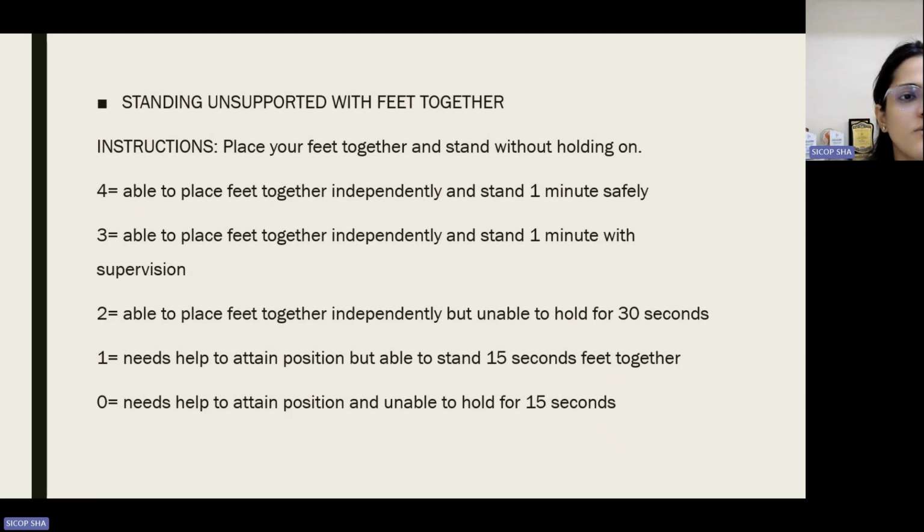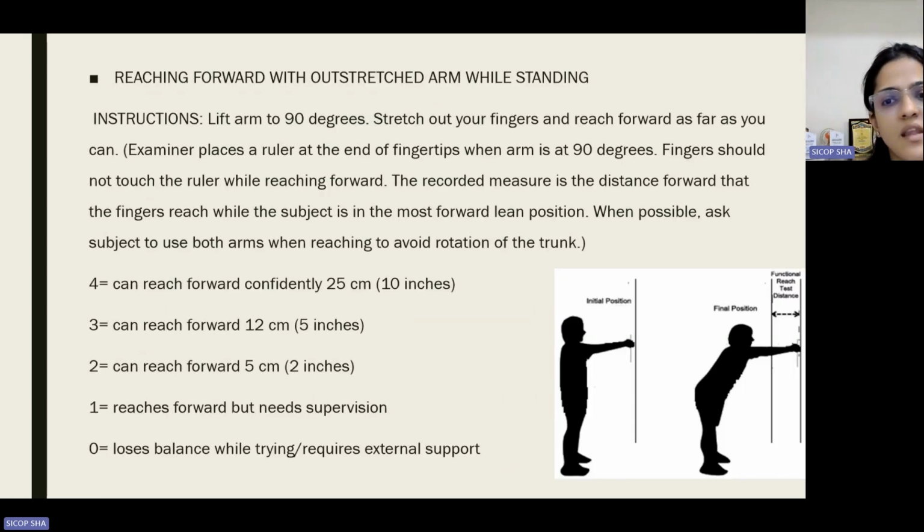Scoring will be: 4, able to place feet together independently and stand for 1 minute safely. 3, able to place feet together independently, stand 1 minute with supervision. 2, able to place feet together independently but unable to hold for 30 seconds. 1, needs help to attain the position but able to stand 15 seconds feet together. 0, needs help to attain the position and unable to hold even for 15 seconds.